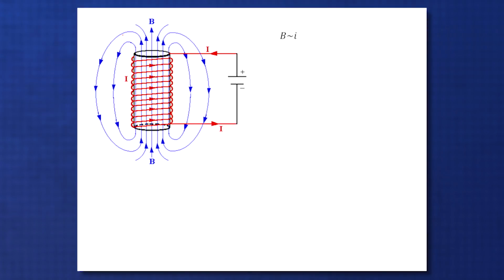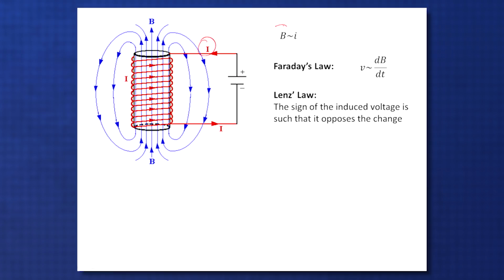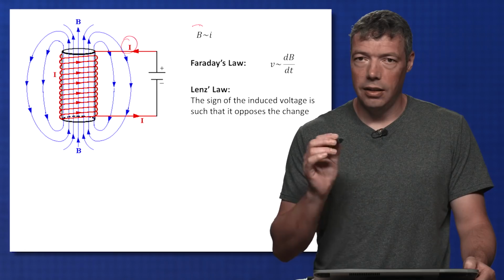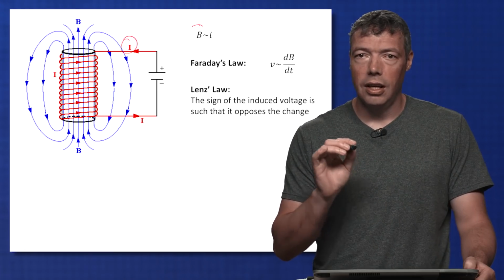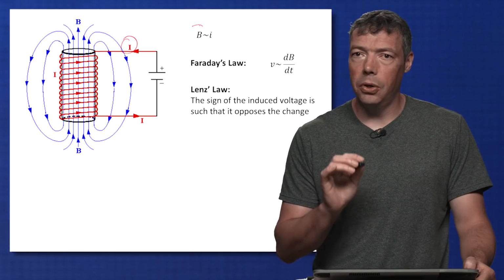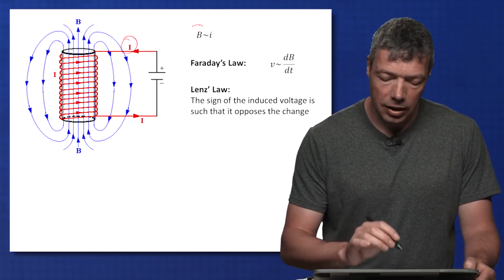Imagine that I'm changing the current here. Because my magnetic field is proportional to my current, this means that my magnetic field is changing. And what Faraday's law says is that if there's a change in magnetic field, there's going to be an induced voltage. And Lenz's law says that the voltage has a sign such that it opposes the change in magnetic field.